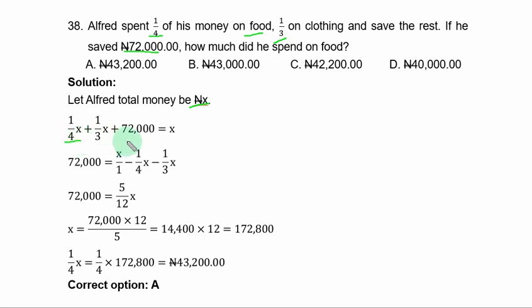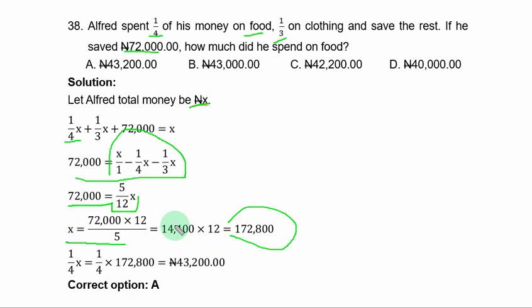So let's transfer all the S to one side. You have this result. If you simplify this, you have 72000 equal to 5/12 S. To get S, multiply through by 12 and divide by 5. So S is equal to this, and that is 172,800.